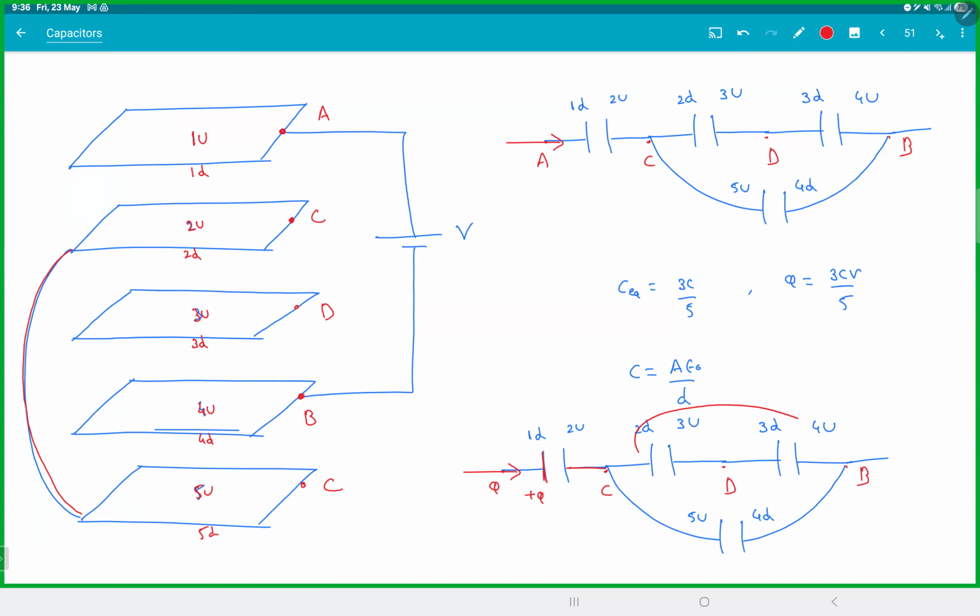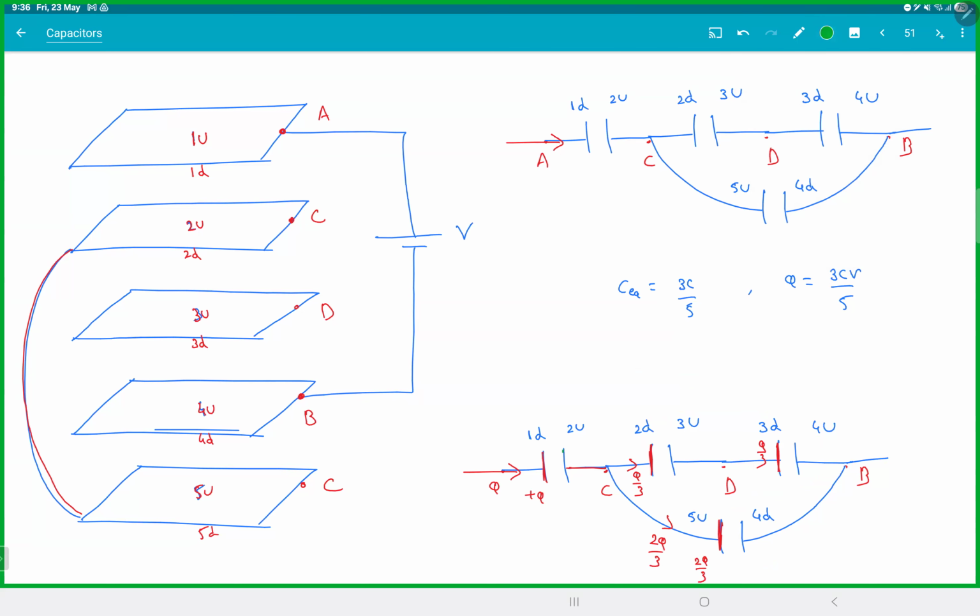Remember, this whole thing was C by 2 and this was C. So charge will split in the ratio of the capacitances. So this guy will be Q by 3 and this guy will be 2Q by 3. Is that clear? So this will be Q by 3. This also will be Q by 3. This will be 2Q by 3.